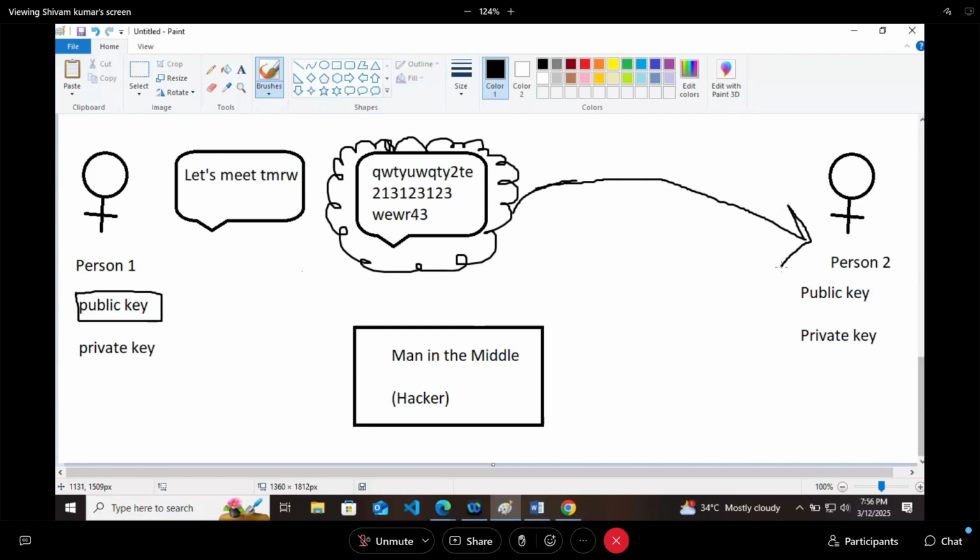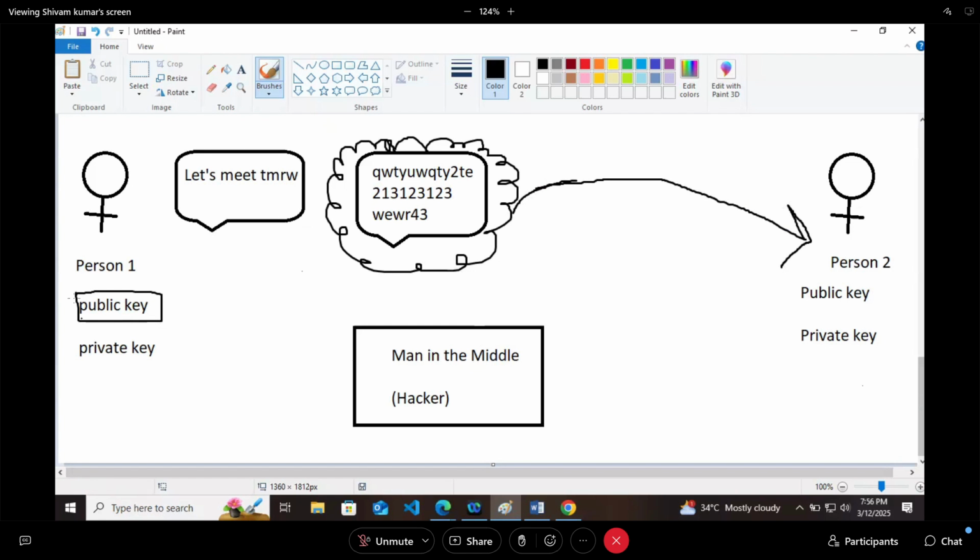what will happen after that? Person 2 also has to open this thing, right? Very good. So that is fine. Now, a public key can only be opened by a private key.